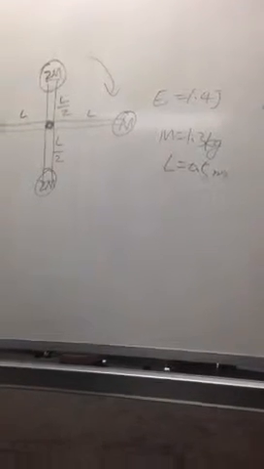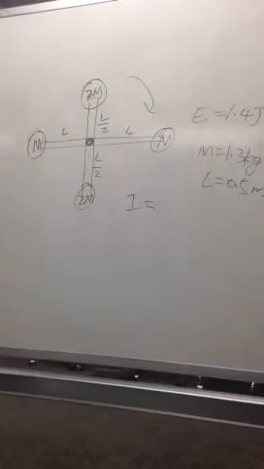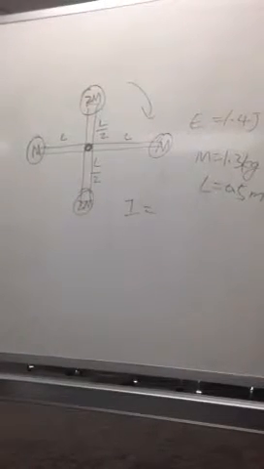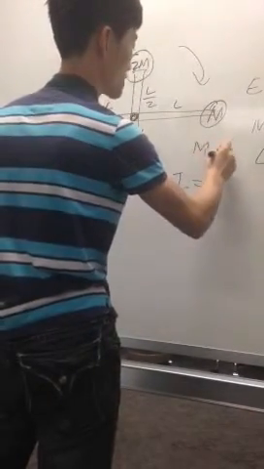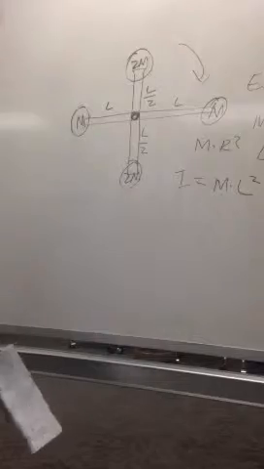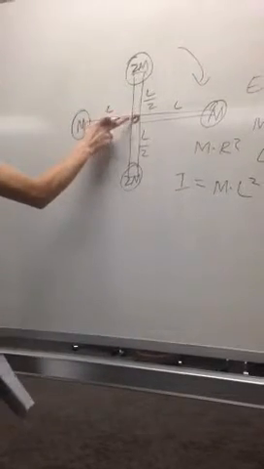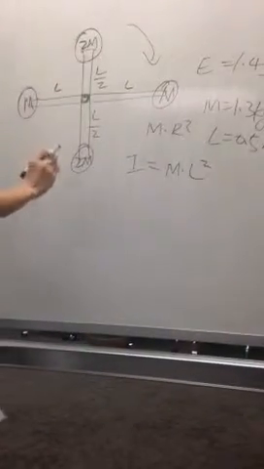So the first thing we need to do is to calculate the moment of inertia for the whole system, right? So for this m, for everything it will be m times r squared. Okay? For this one will be m times L squared, because here is L, from this object to the center, to the axis, right?